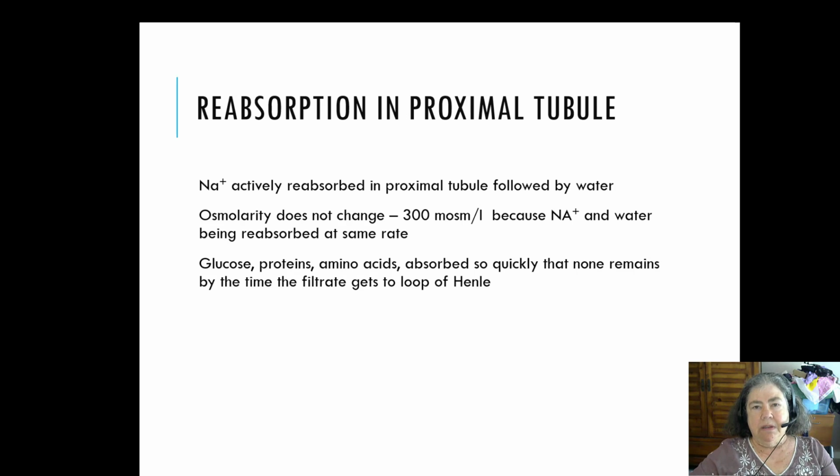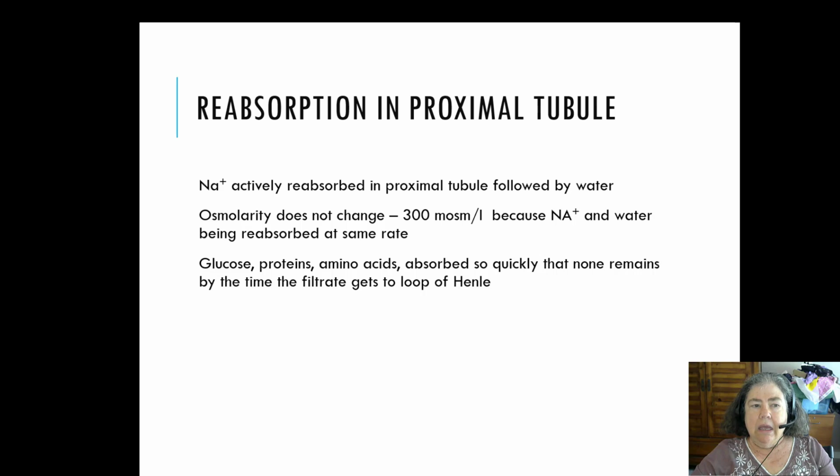What gets reabsorbed in the proximal tubule? Well, there are a couple things that have to be reabsorbed in the proximal tubule. Sodium is a big thing that is getting reabsorbed, and you could see that it is in many cases reabsorbed along with other things like glucose and amino acids.